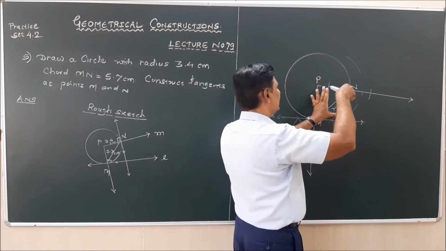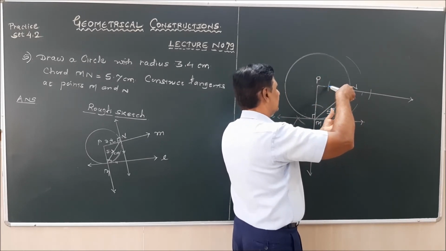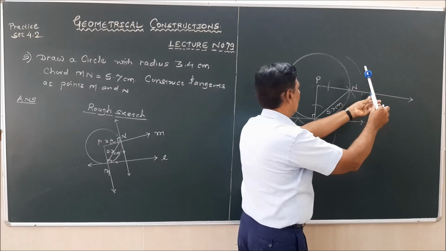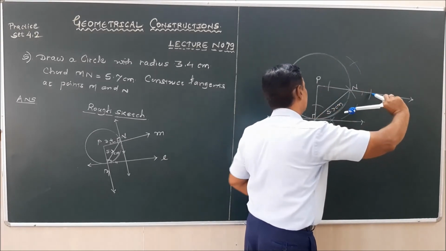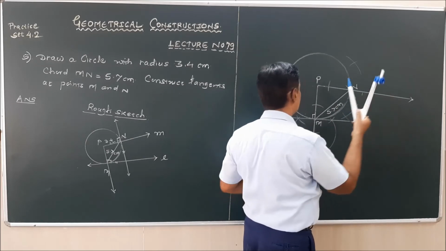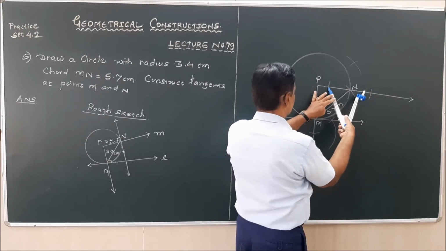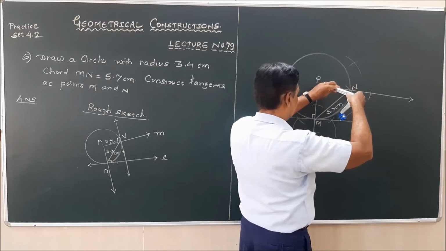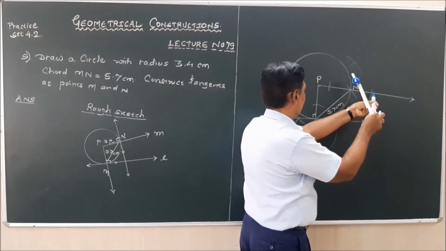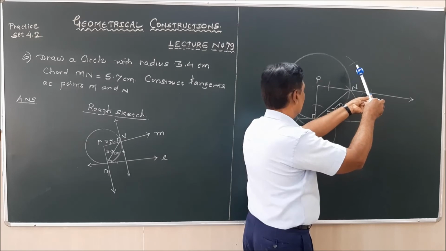Without changing this distance, simply place it over the other arc. Draw intersecting arcs. Again you see, more than half, draw two arcs. Don't change the distance, interchange the positions and draw.